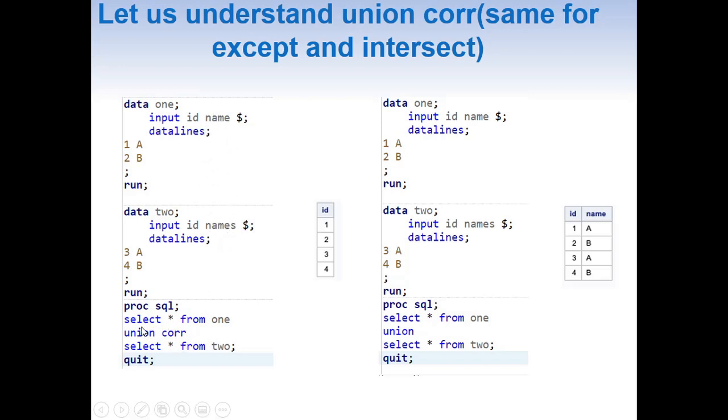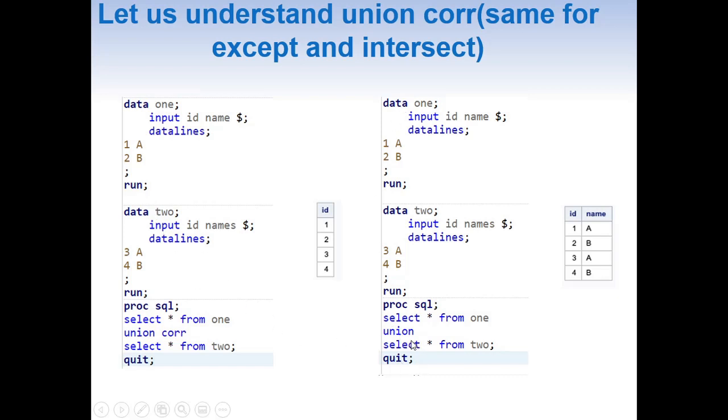And if we do union CORR, it is going to only combine those variable names which are matched. Now if you see here, we have a result in which we have only the ID variable, because only ID and ID variable names match.